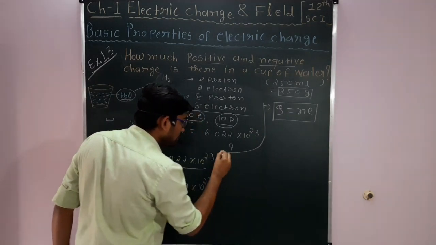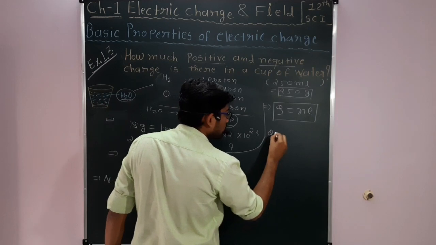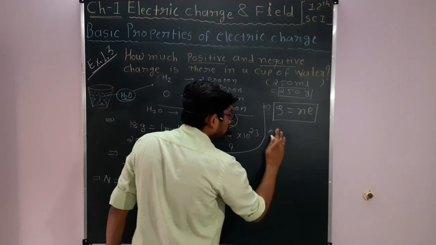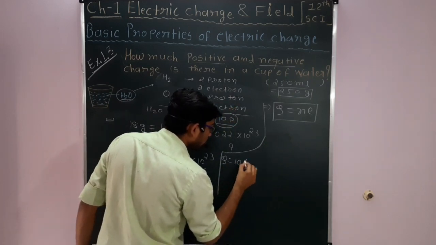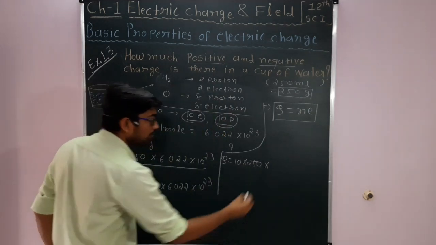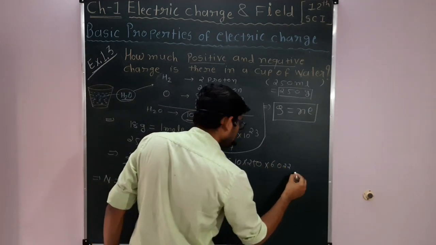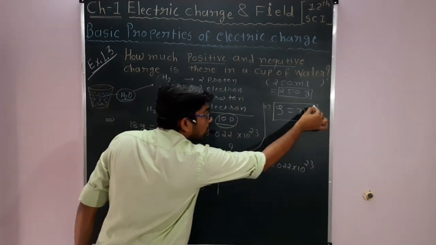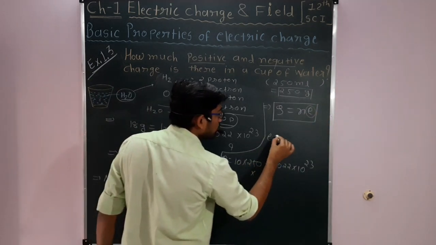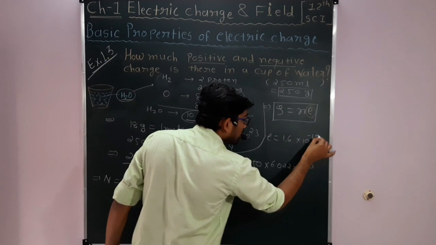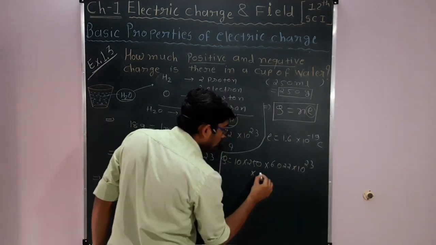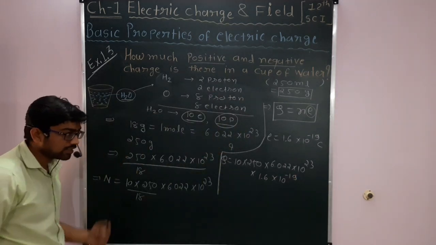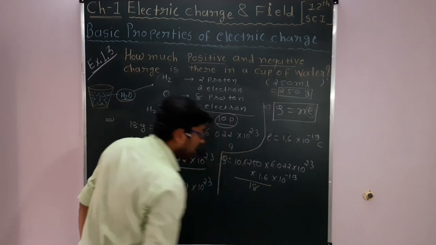So here we can say Q is equal to 10 into 250 into 6.022 × 10^23 into the electron charge, e equal to 1.6 × 10^-19 coulomb, and divided by 18.